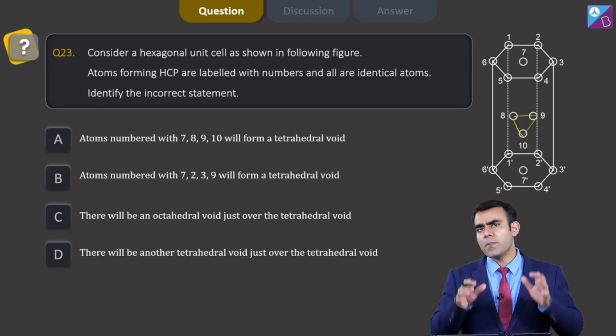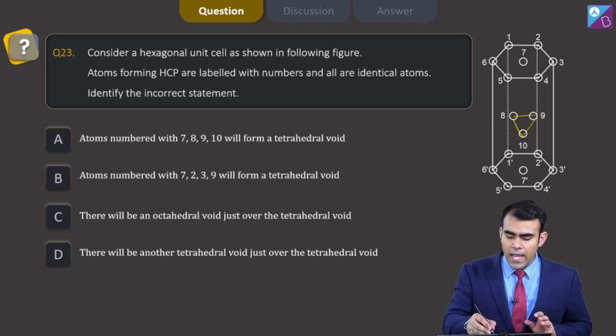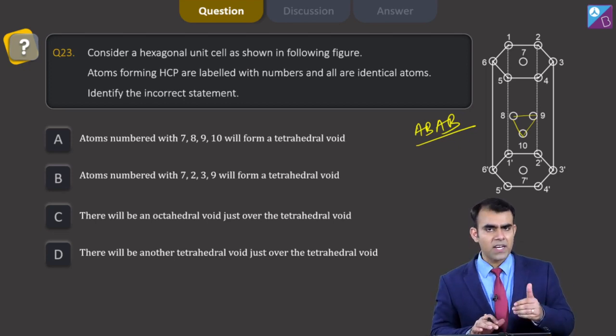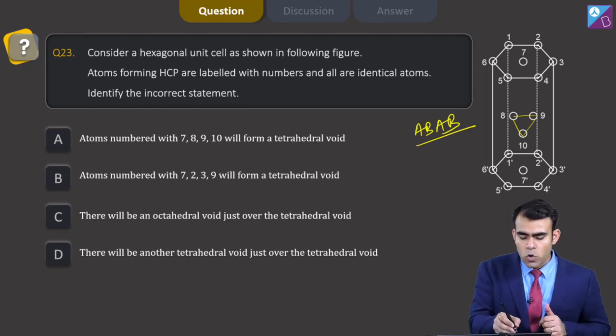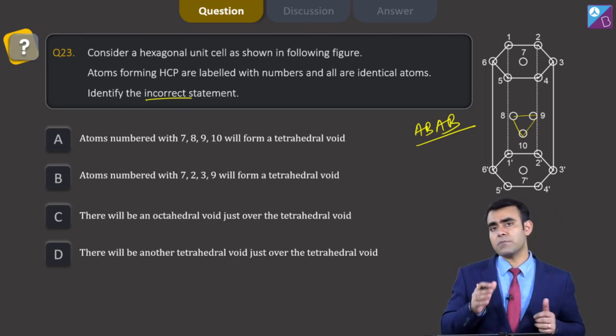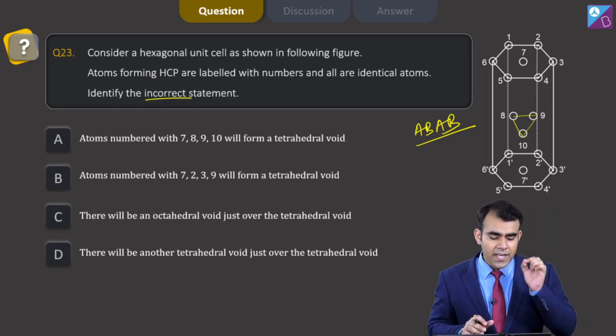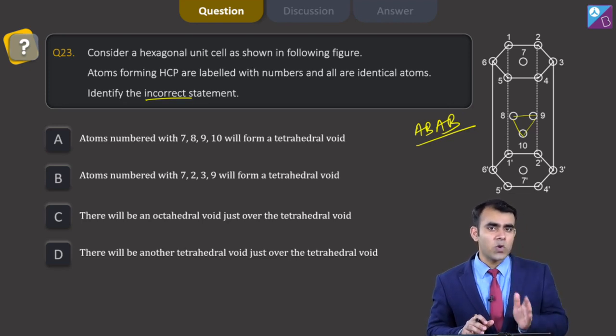Basically they are forming the HCP lattice, that is the AB type lattice. Now in this AB type lattice we have been asked a few statements and we have to go for the incorrect one.